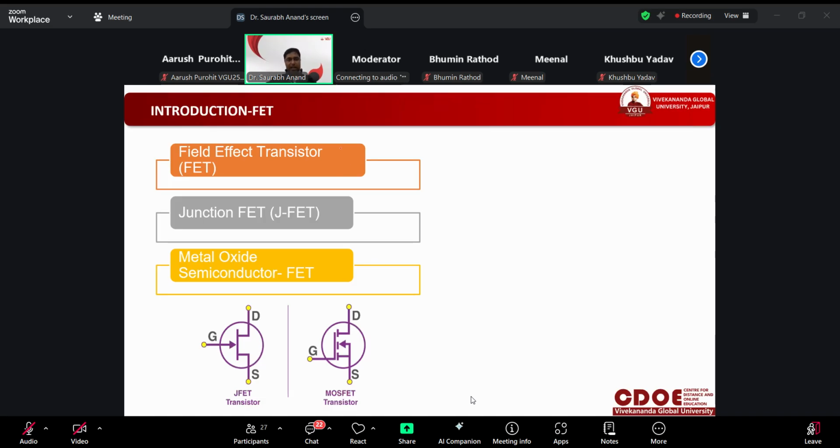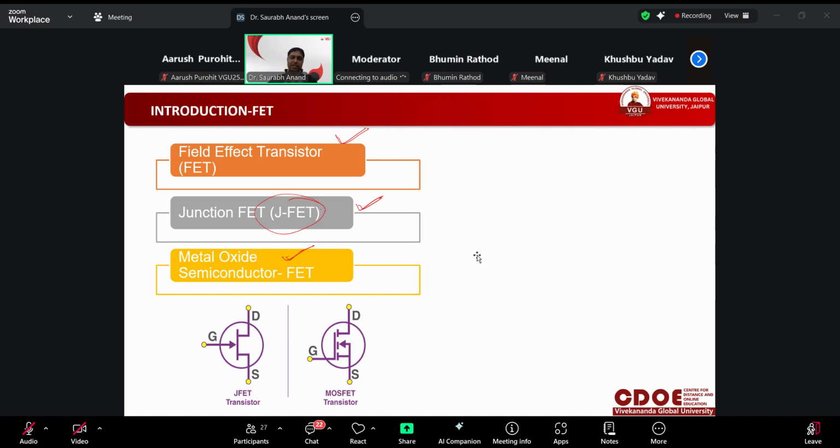So actually FET was developed first, and after research or structure changes, the second was developed. The first was named JFET. So the initial FET is nothing but JFET, that is, junction field effect transistor. And the second one that was developed was known as MOSFET, that is, metal oxide semiconductor field effect transistor.